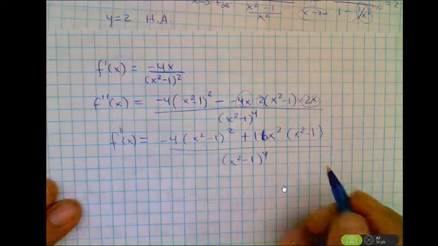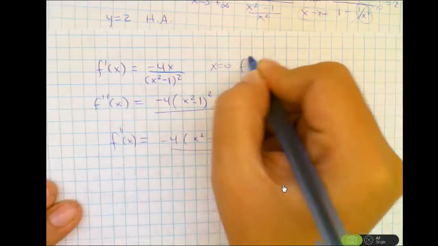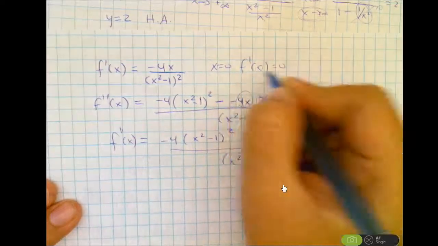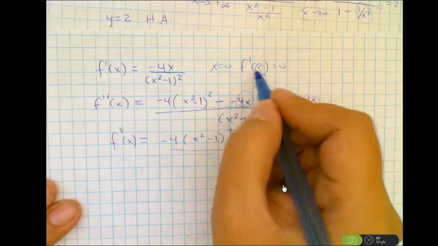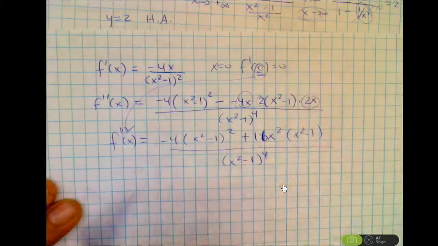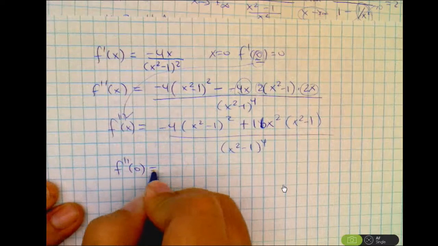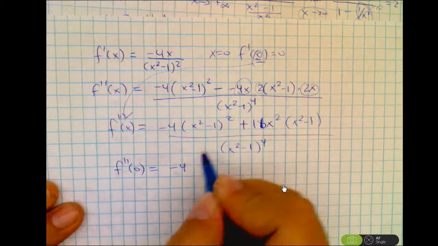Now I found out that when x is 0, f prime of 0 is 0. So I'm going to evaluate this at 0, because I want to know what the concavity is at 0. So f double prime of 0 ends up being negative 4.